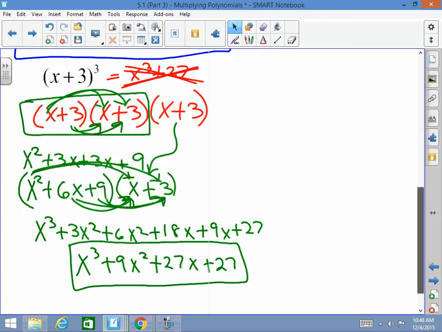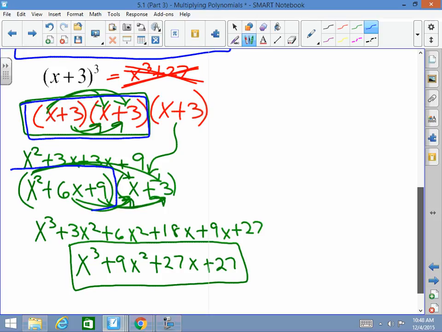Yes, sir. Once you multiplied these two, where I got this trinomial right here, then I had to multiply this binomial to that. I went x squared times x, which is x cubed.